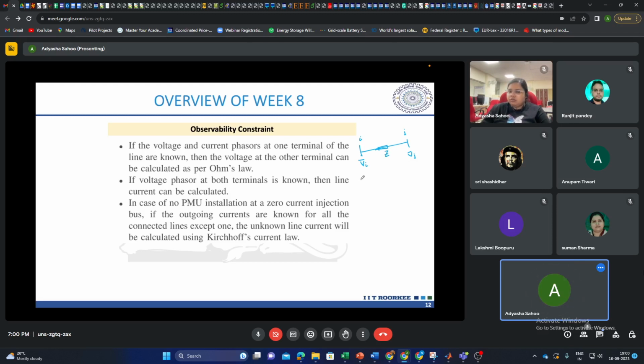Anyone? Basically Vj will be Vi minus the drop, right? So what will be the voltage drop in this line? It will be I times Z, right?